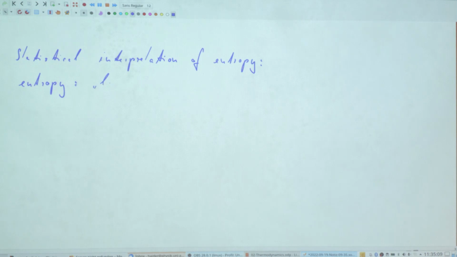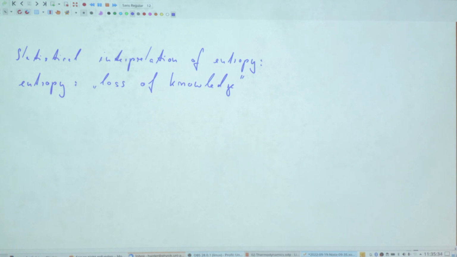And the other way around, it measures the probability of a certain situation.